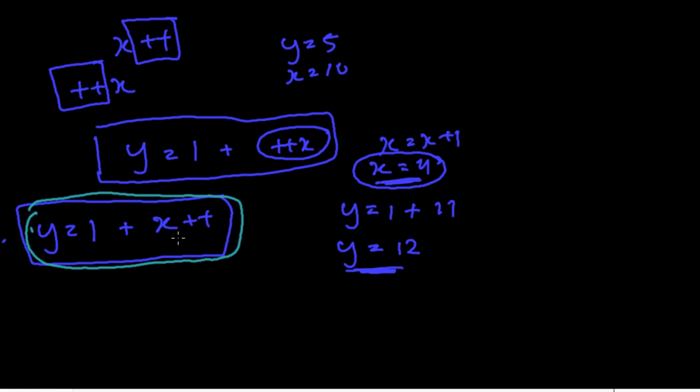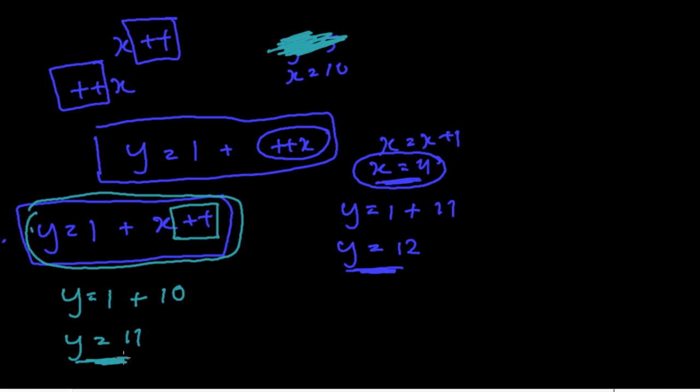Reason being because it's a suffix behind here, means we do it later. So y, oh wait, sorry, it's not supposed to be y equals 5 over here. Ignore this. Now y equals 1 plus 10. So y equals 11 right now.